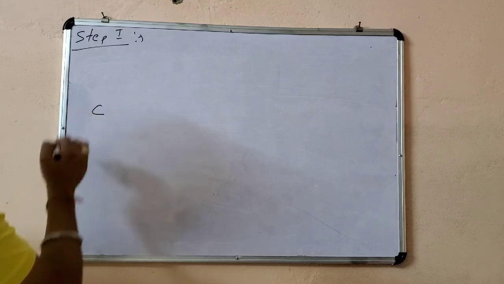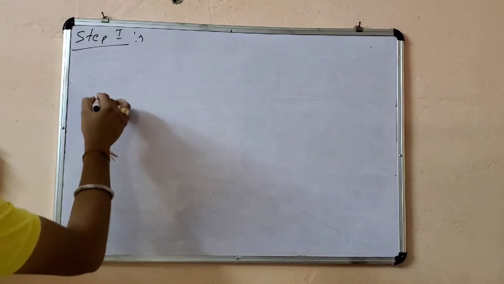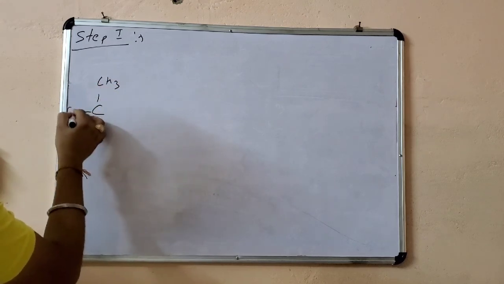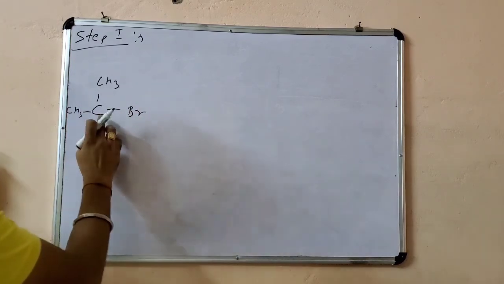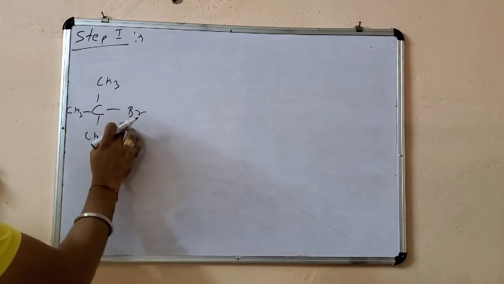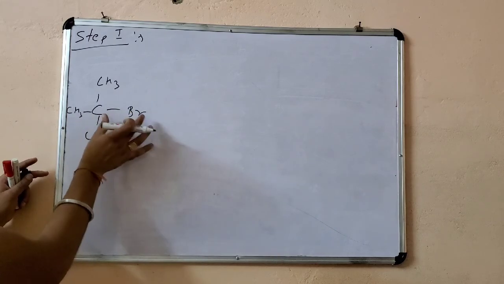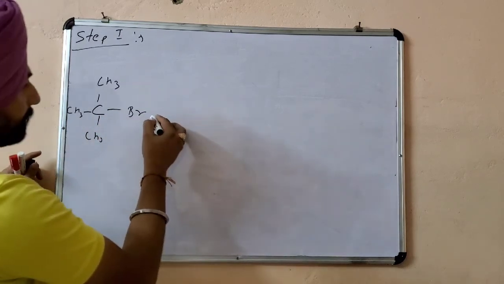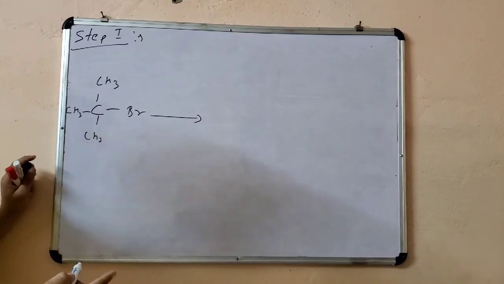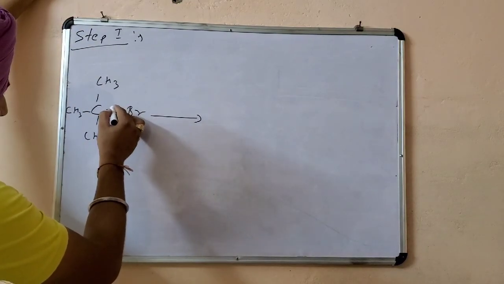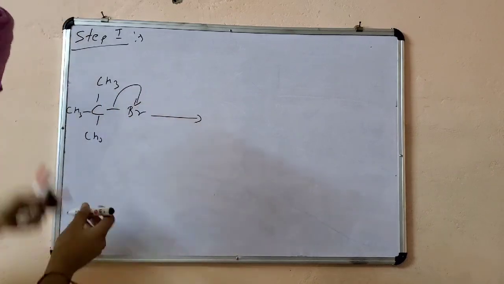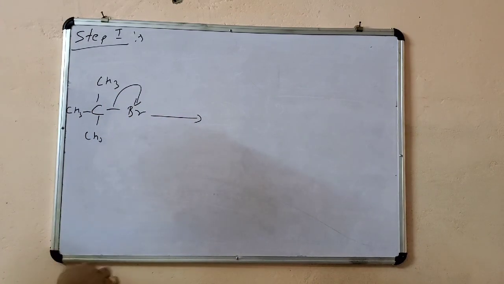In the first step, suppose we have a carbon, right? It is a tertiary carbon with 3 methyl groups and 1 Br bond. Obviously this carbon-bromine bond is polar in nature because of the electronegativity difference. So in the first step, bromine is removed from here. The bromine will take the shared pair of electrons with itself, right?